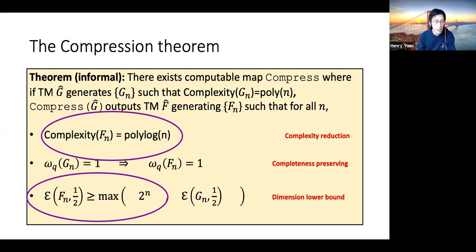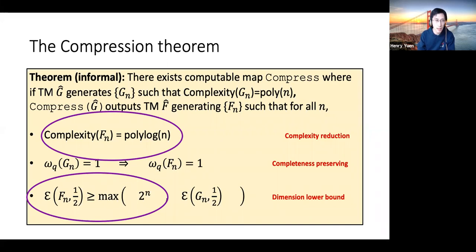One is that you're certifying that for every one of these games, f sub n, there's an entanglement dimension lower bound of 2 to the n. This is non-trivial because the complexity of this game is polylogarithmic in n. So there's this huge gulf between how much work this f sub n verifier is performing and how much entanglement it's certifying, so to speak.